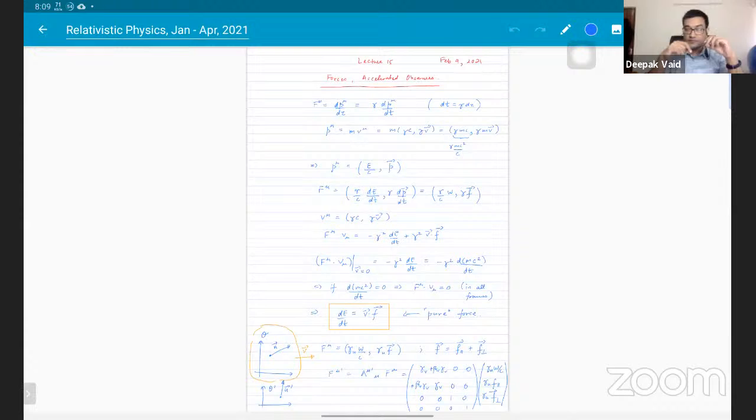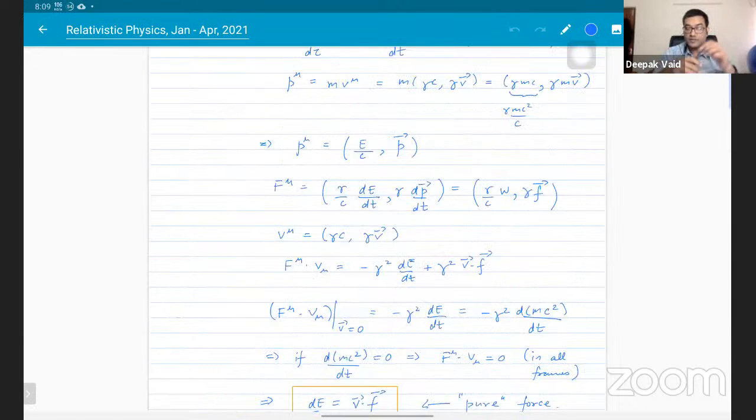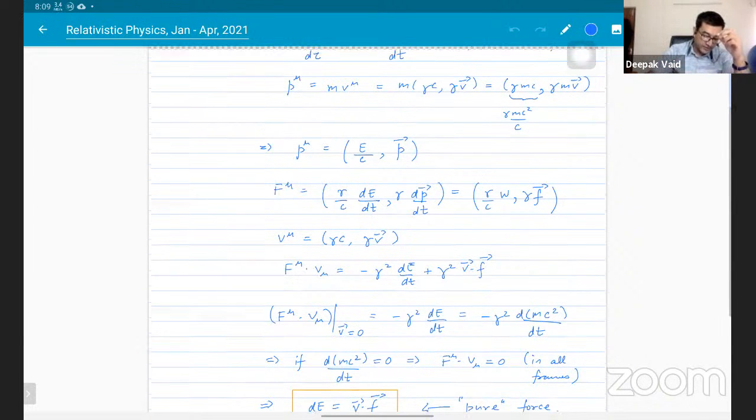And what we find is that there are some quantities which have a non-trivial transformation, right? They are affected by the observer's motion. And in order to properly take into account the transformation properties, it helps to define these objects called four vectors, right?